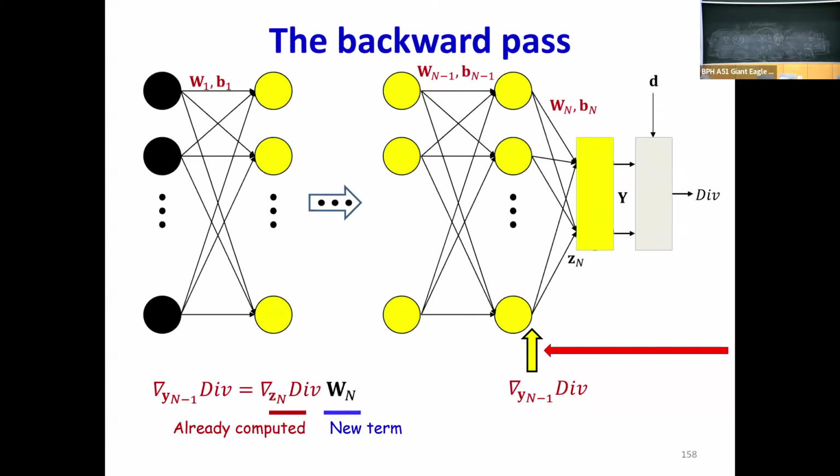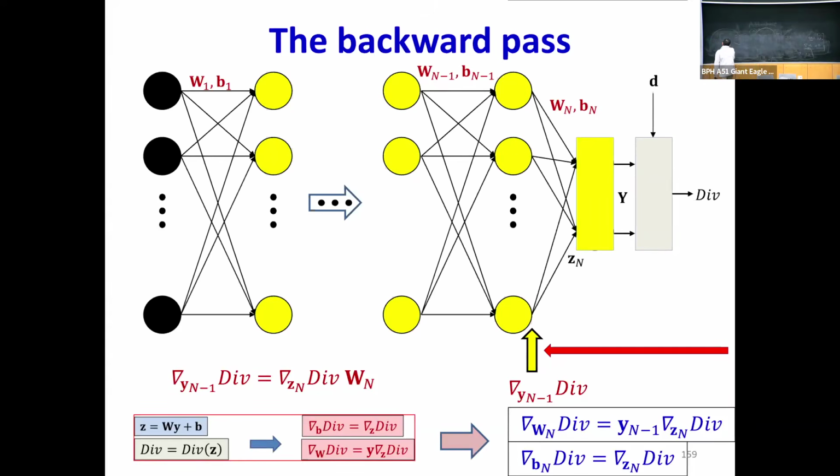So easy, right? What is the one term missing? What is the derivative of the divergence with respect to the w? So again, to remind you, if I have a y which influences, through a w, a z, which influences a scalar loss, then the derivative of the loss with respect to w was y times the derivative of the loss with respect to z.